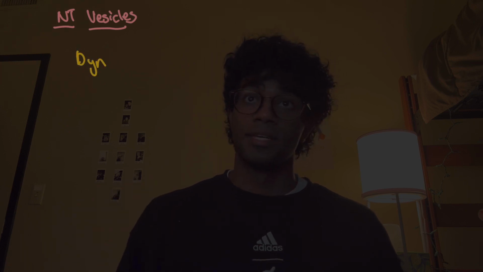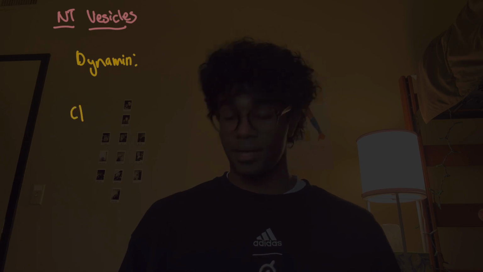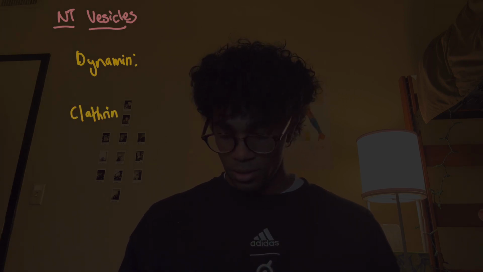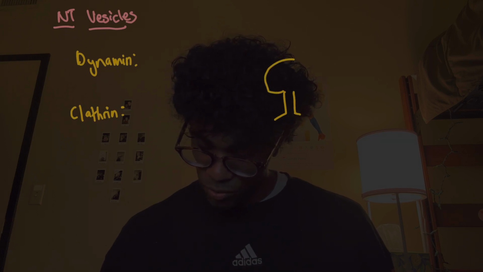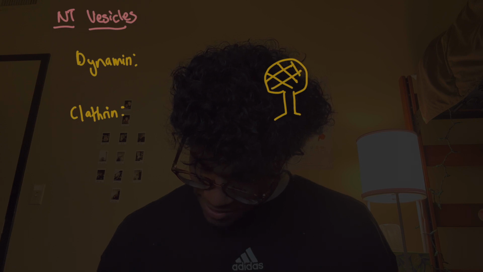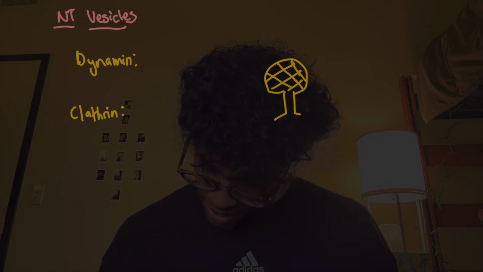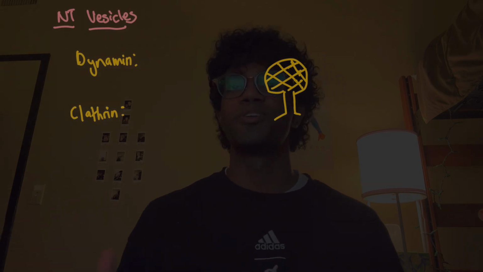But there's two main portions of a vesicle that need to be discussed, and that is the dynamine and clathrin. I'm going to quickly draw a structure that represents this vesicle. I apologize for my lack of artistic ability, but bear with me for a little bit.